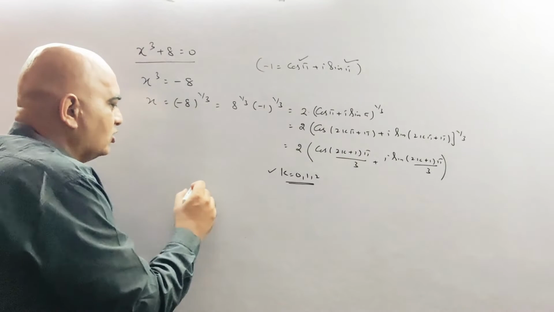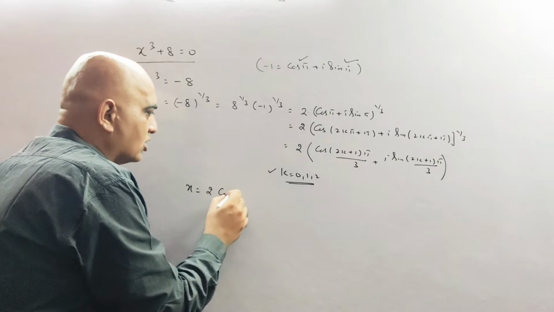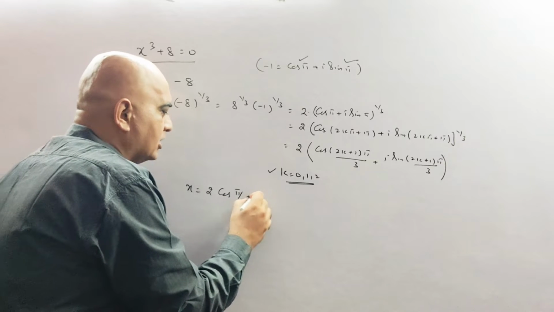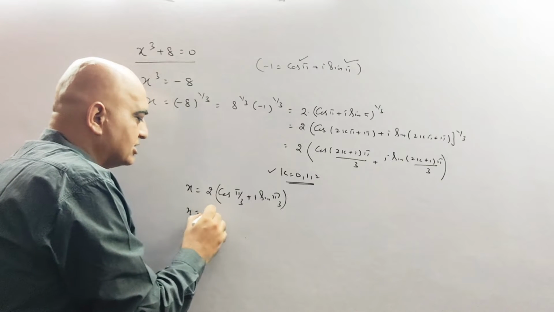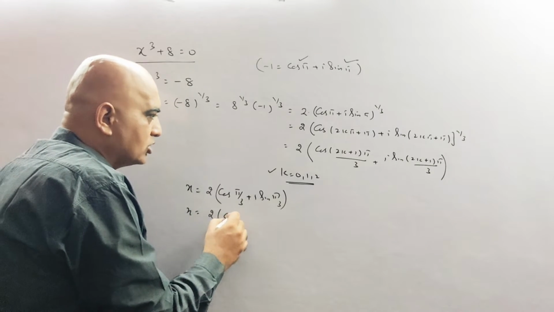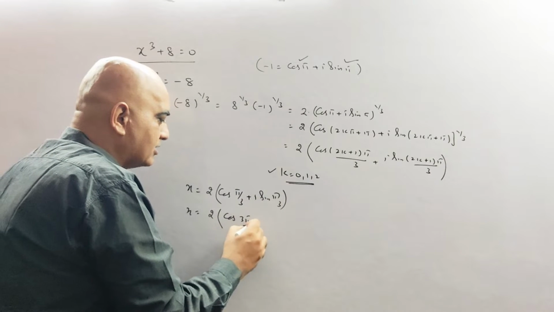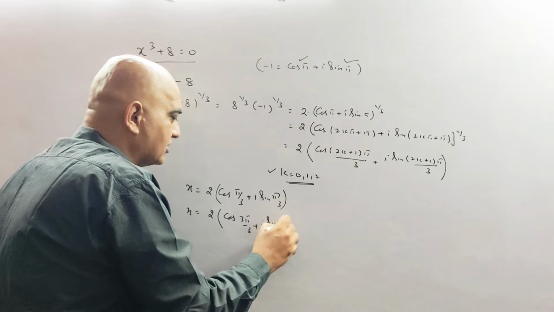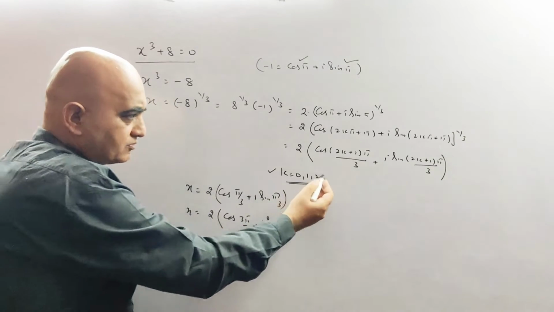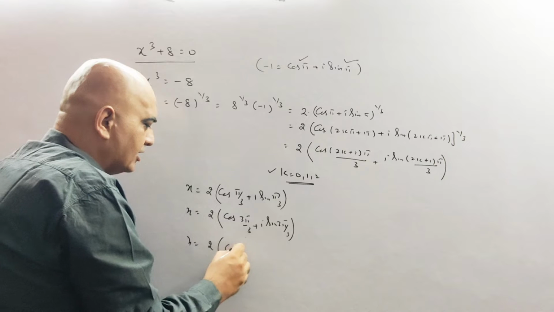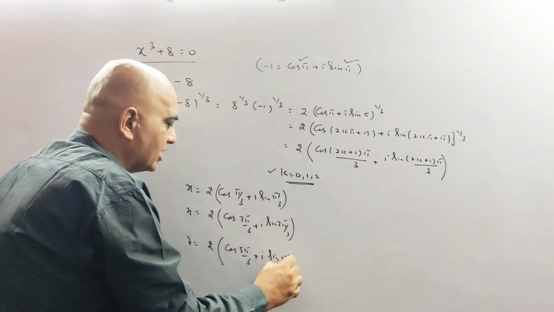Whenever you put the value of k as 0, we get 2 cos of pi upon 3 plus iota sine of pi upon 3, and x is equal to 2 into cos of, when you put 1 here, that becomes 3 pi by 3 plus iota sine of 3 pi by 3, and x is equal to 2 into, when you replace 2 here, that becomes 5 pi by 3 plus iota sine of 5 pi by 3.